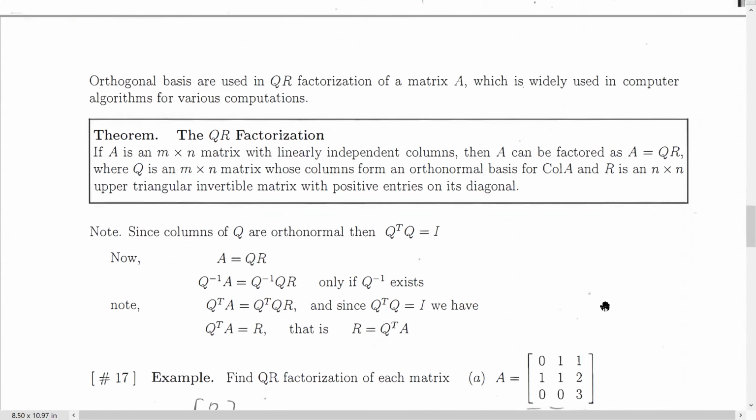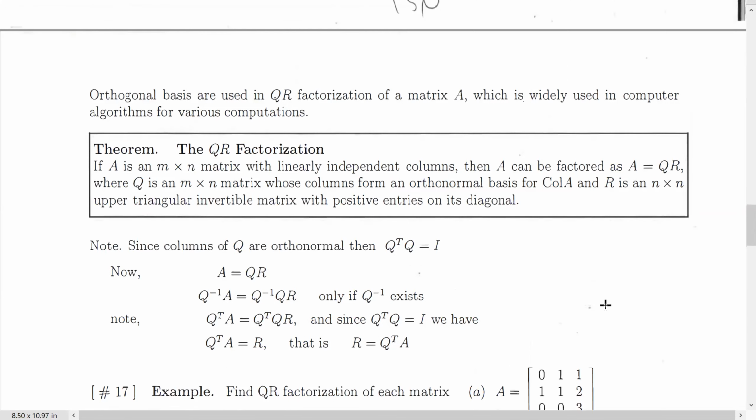We will move on. So now we have the orthogonal bases used in QR factorization of a matrix A, which is widely used in computer algorithms for different computations. So what is QR factorization? It is like this.